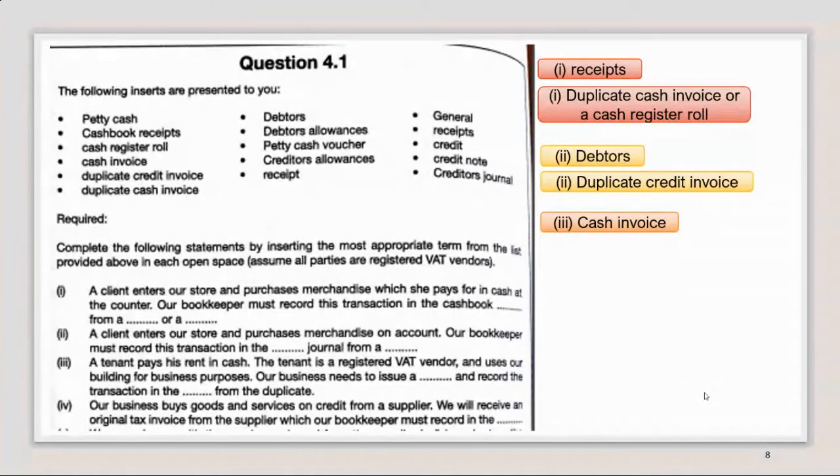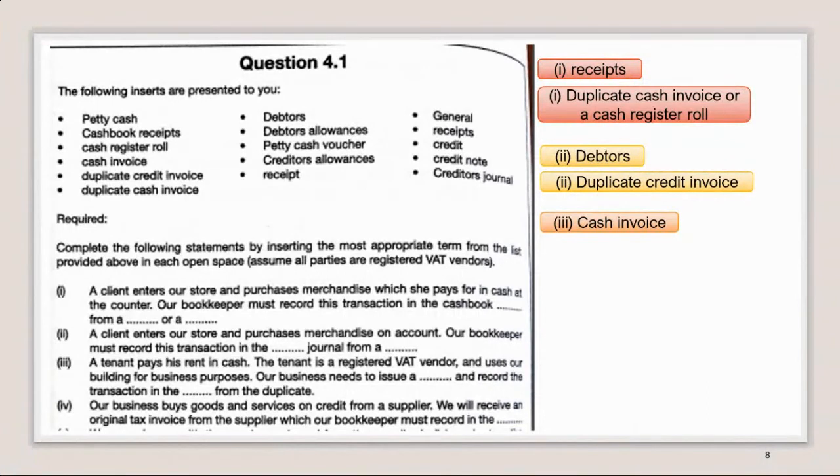Because they are paying cash, we just call it a cash invoice. You could have also said an invoice, which would also have been correct. Zandile, does that answer your question, or do I need to re-explain it?